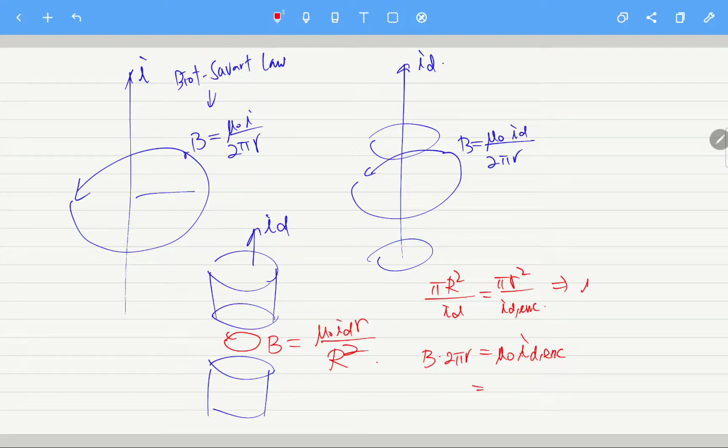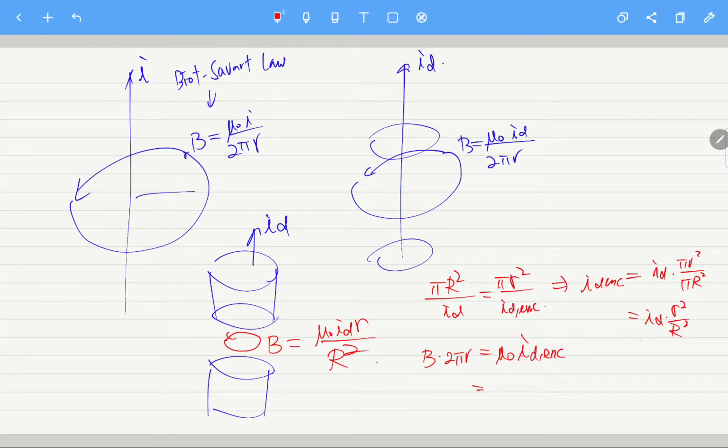You can just have I_D enclosed equals I_D times pi r squared over pi capital R squared. So it is nothing but I_D times small r squared over R squared.